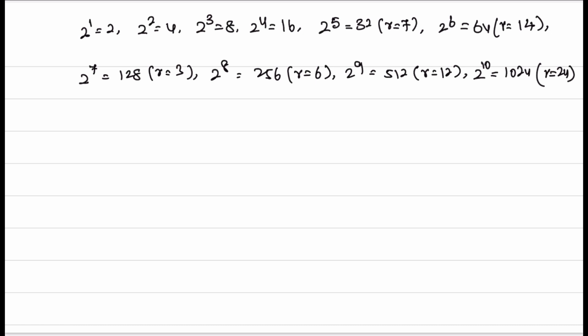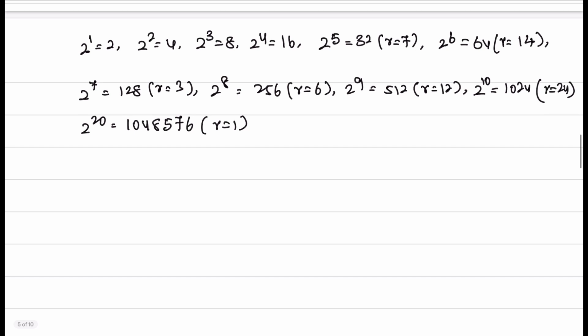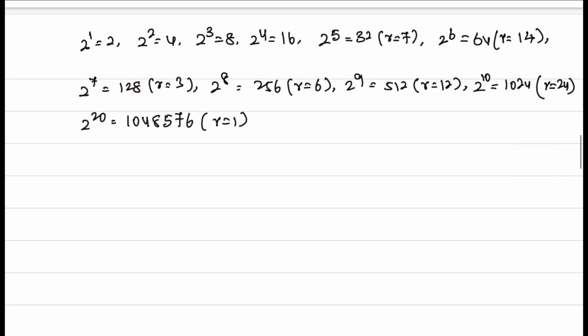Like this, when we go on doing it, 2 to the power of 20, its value is 1048576, gives a remainder of 1 when divided by 25.